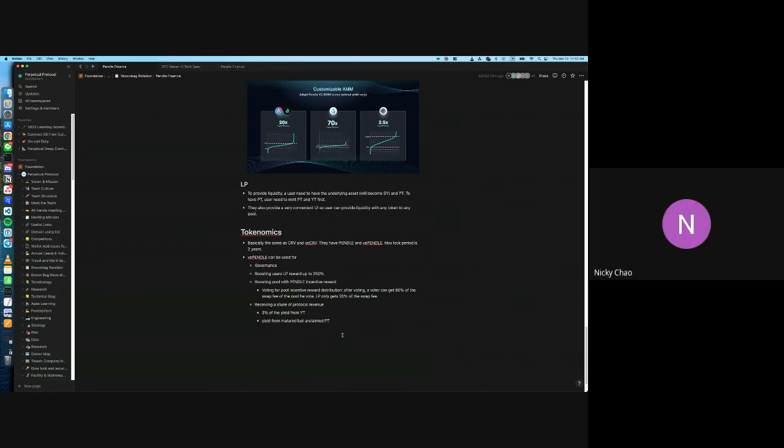But after the maturity, the yield of that one STETH will not go to the YT token, right? Because that's already matured, that's already expired. So the user can now claim that one STETH, but if the user didn't do that, the yield will go to the protocol. Okay, understood.